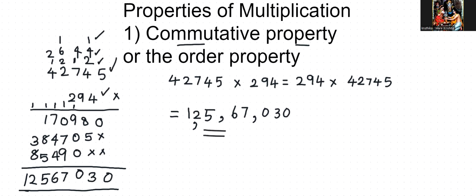So this is the commutative property or order property. In simple terms, 5 into 7 or 7 into 5, whichever way you change the order, the answer is going to be 35. The product will not change if you change the order of the multiplicand and the multiplier.